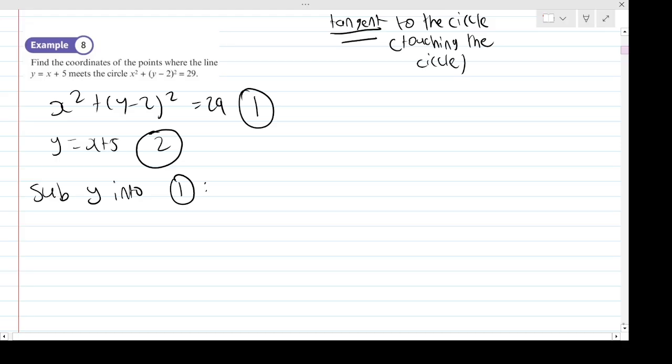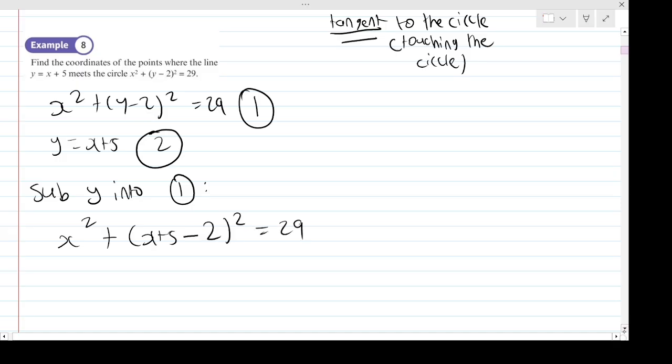I'm going to substitute the second equation into the first one, so we have x² + (x + 5 − 2)² = 29, because then we have a minus 2 after the y there.